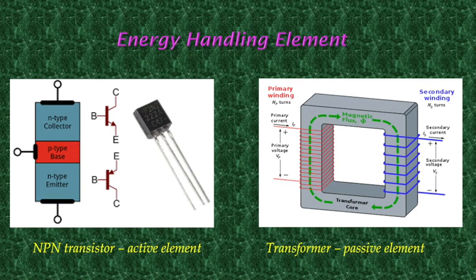A passive element, on the other hand, is a physical element such as resistors, capacitors, inductors, etc., which cannot generate electrical energy by themselves, but only receive energy, which it can either dissipate or absorb.